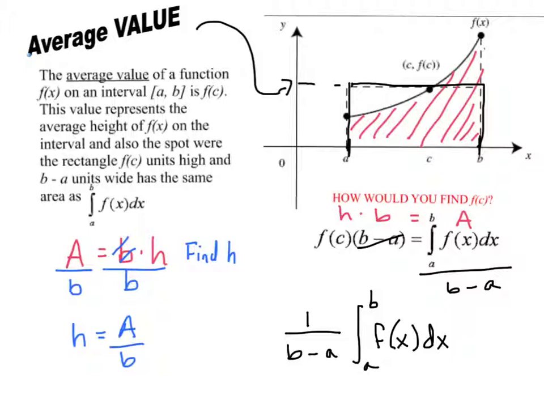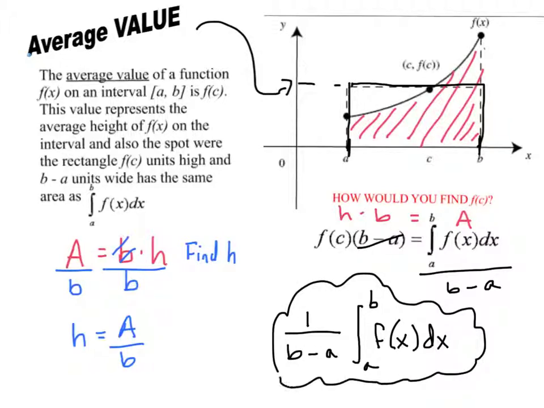If b and a were 3 units apart, dividing by 3 is the same as multiplying by 1/3. And this is the more general form of average value that you see. And again, it's just finding the height of the rectangle that has the same base and area as the curve does. Okay, let's do an example.